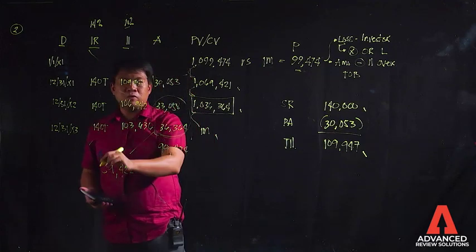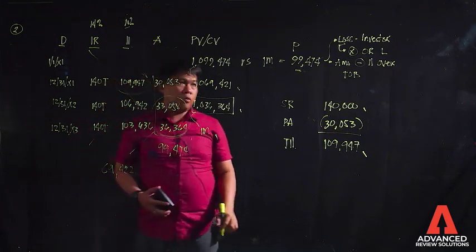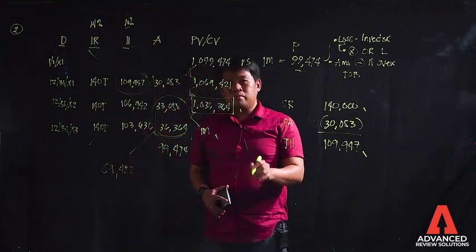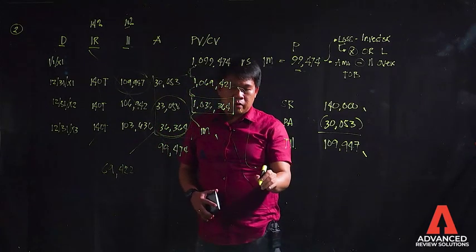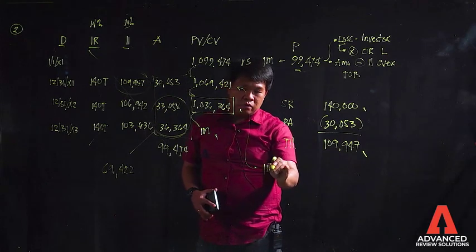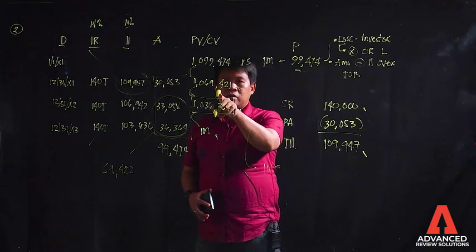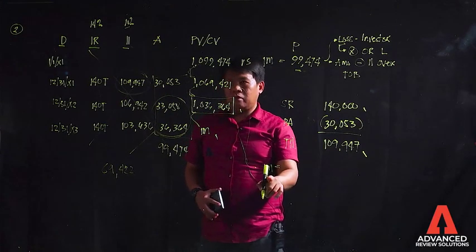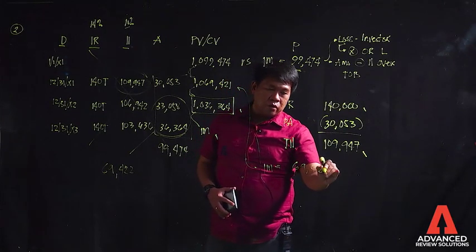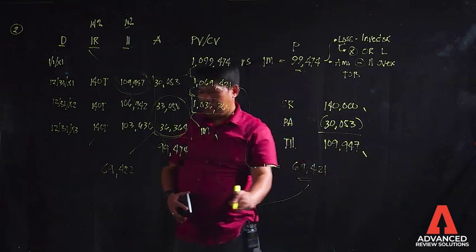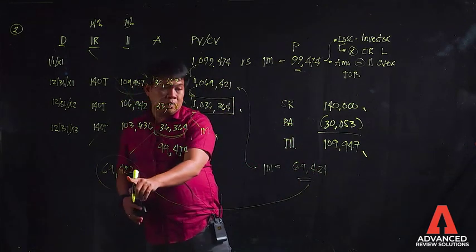Again, you will not use this. But to get the unamortized bond premium, dito ka manggaling. So, ibangga mo lang yan sa outstanding face amount, which is 1 million. So, 1,069,421 versus 1 million, that is 69,421. Okay? Which is equal to this. Approximately equal to this.